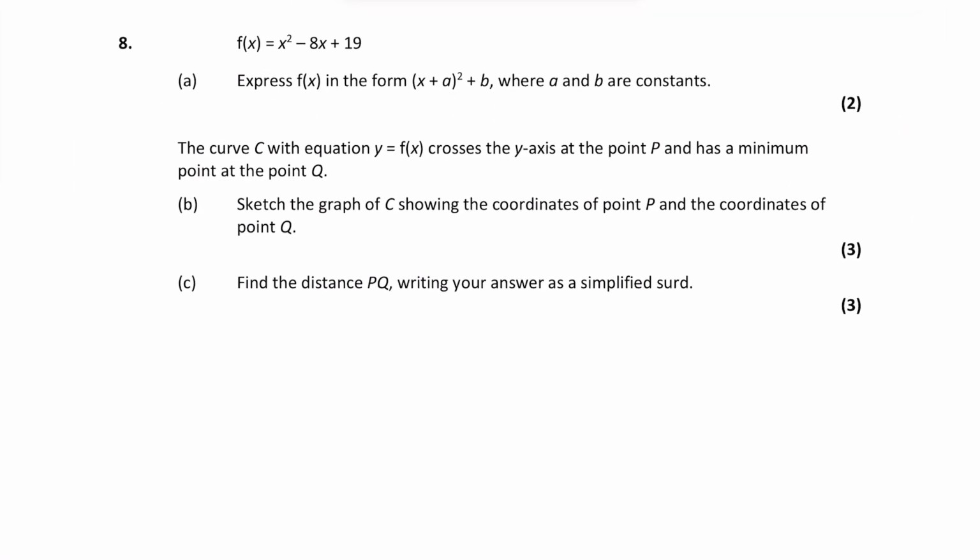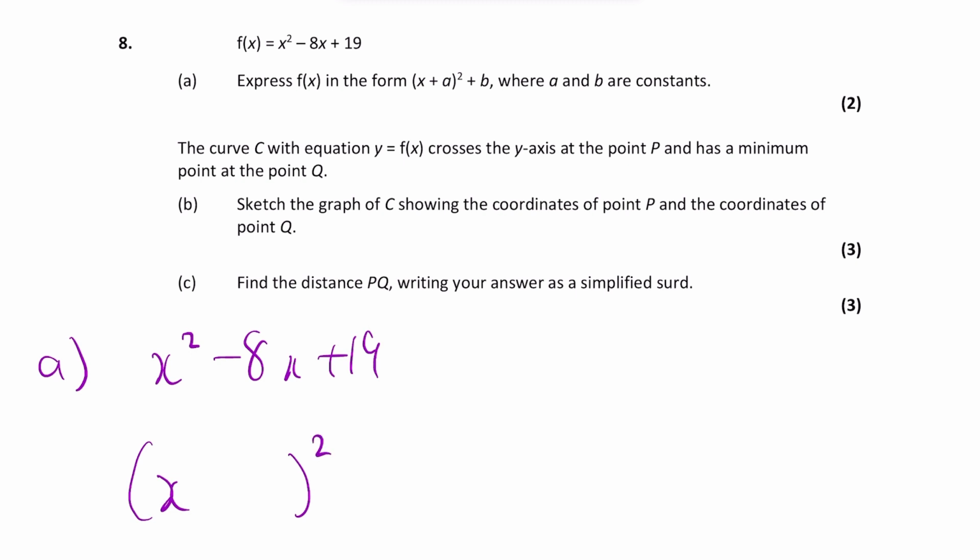Question 8 starts off with some completing the square. So if we want to complete the square on this, this section here will never change. You'll always end up having x and then something squared, take away something, and the add 19 will come down.